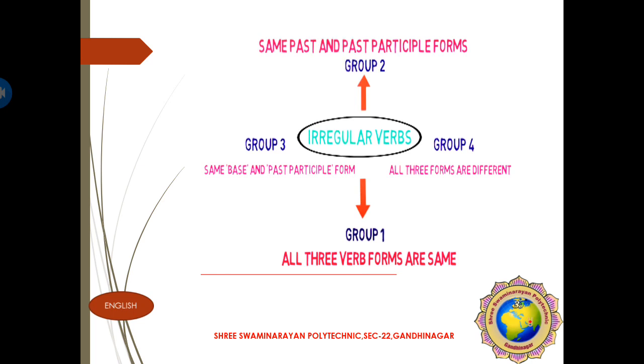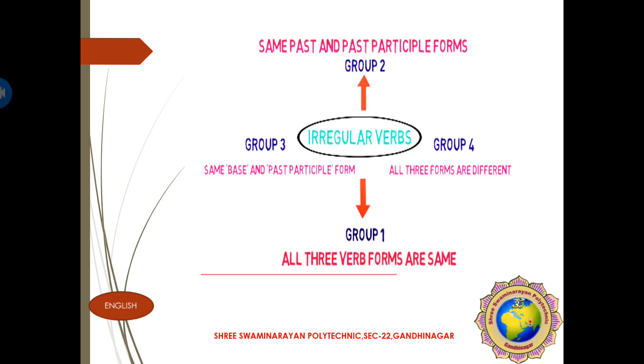Now I discuss the second type, the irregular type. Irregular types will be considered in 4 groups. First is group 1. It means all 3 verb forms are the same: V1, V2 and V3. V1 is the base form, V2 is the past form, V3 is the past participle form.